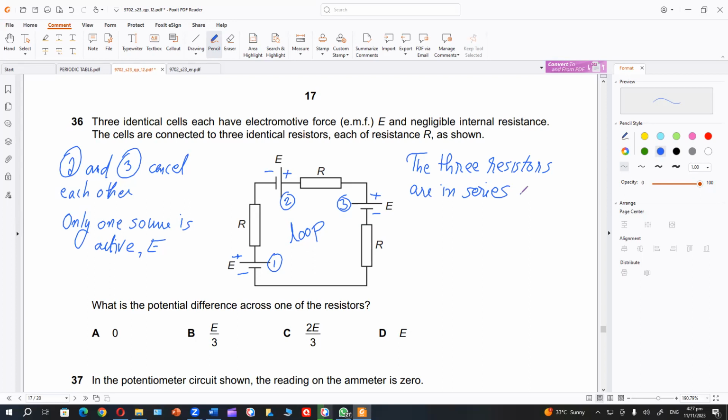So just imagine the two are cancelled, so I have three resistors with one source active E. So it means how much each resistor will get.